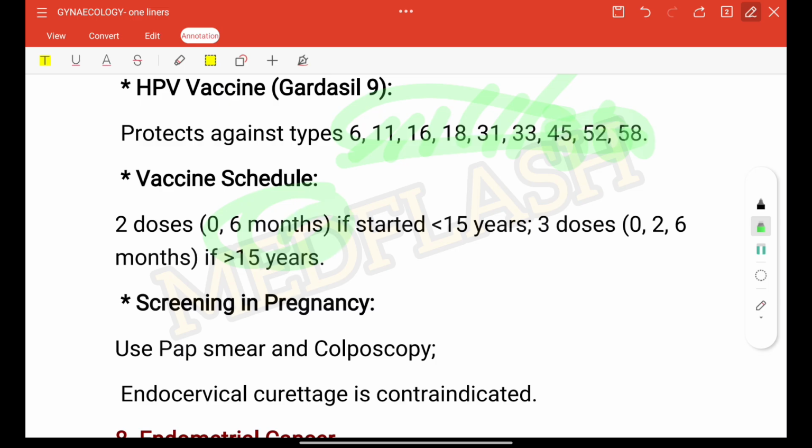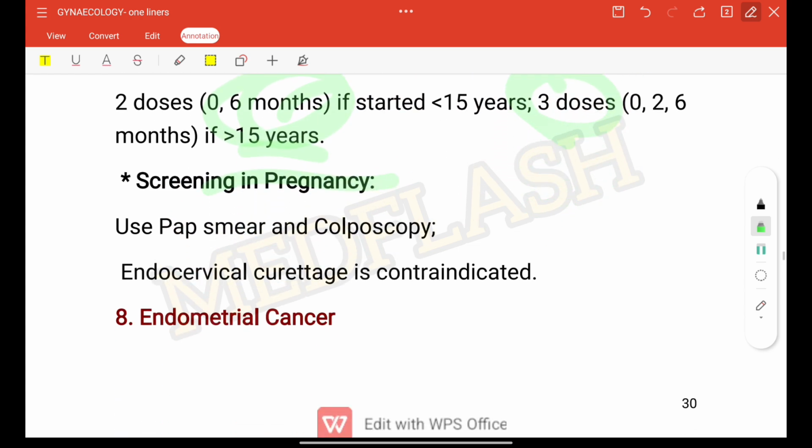If the vaccine is started at greater than 15 years, it must be 3 doses. Screening in pregnancy uses pap smear and colposcopy. Endocervical curettage is contraindicated in pregnancy.